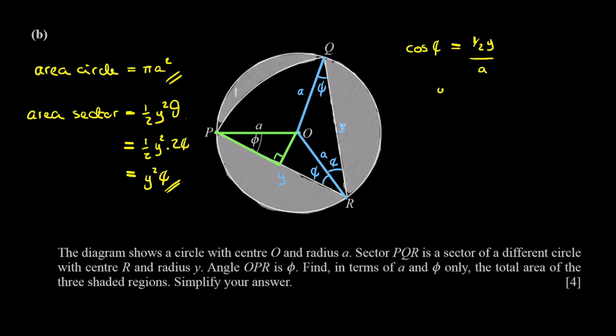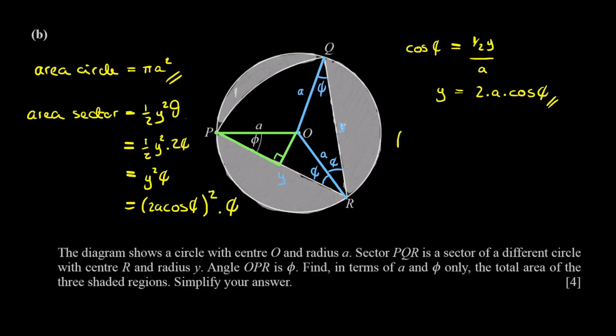And so that means if I rearrange, y is going to be equal to 2 times a times the cosine of phi. So now I can substitute that into my area of the sector. I can carry on and say, well, the area of the sector must be equal to 2a cosine phi all squared times phi.